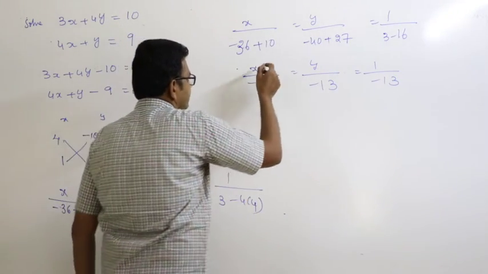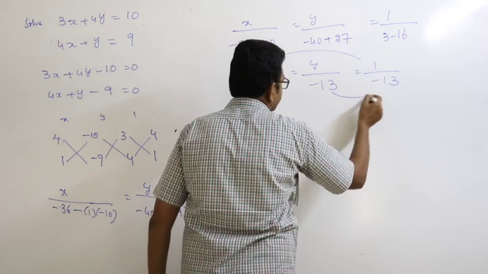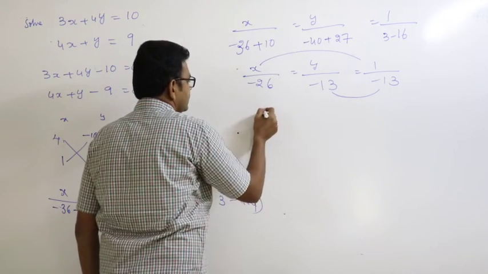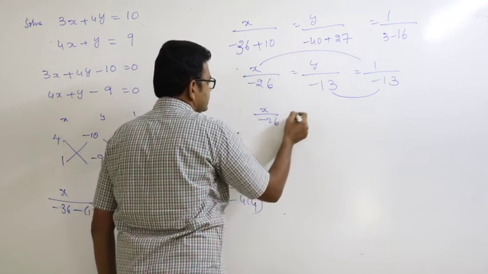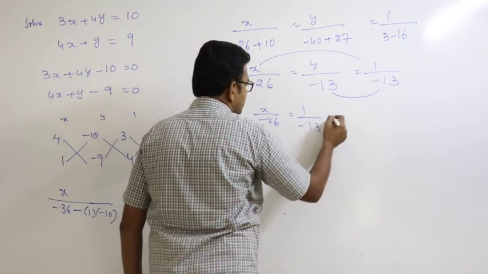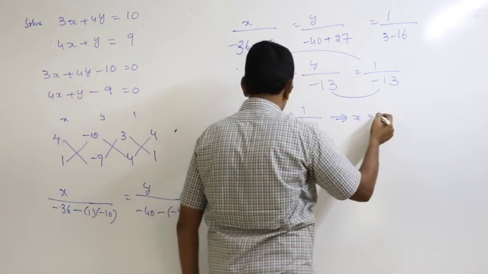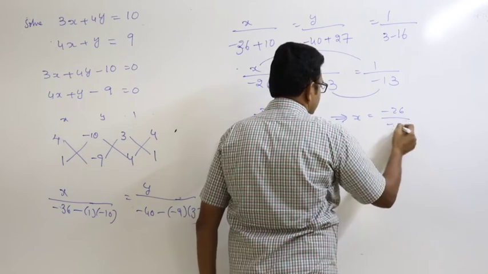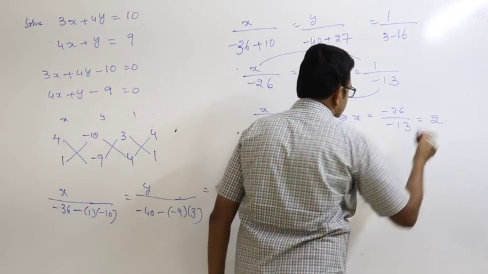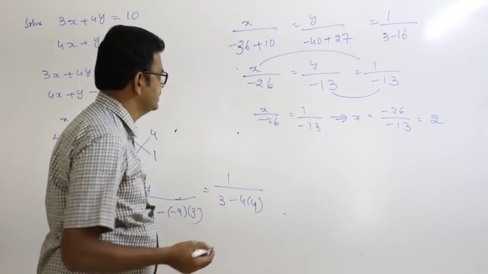Now, first equating to this, after that equating to this. So x by minus 26 is equal to 1 by minus 13 implies x equals minus 26 by minus 13, that is 2, because minus minus gets cancelled.